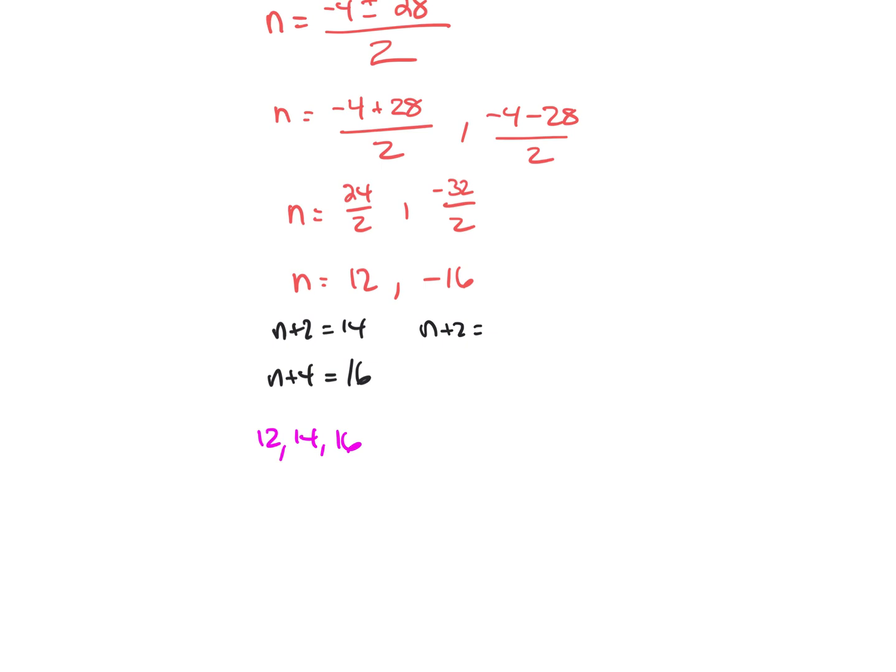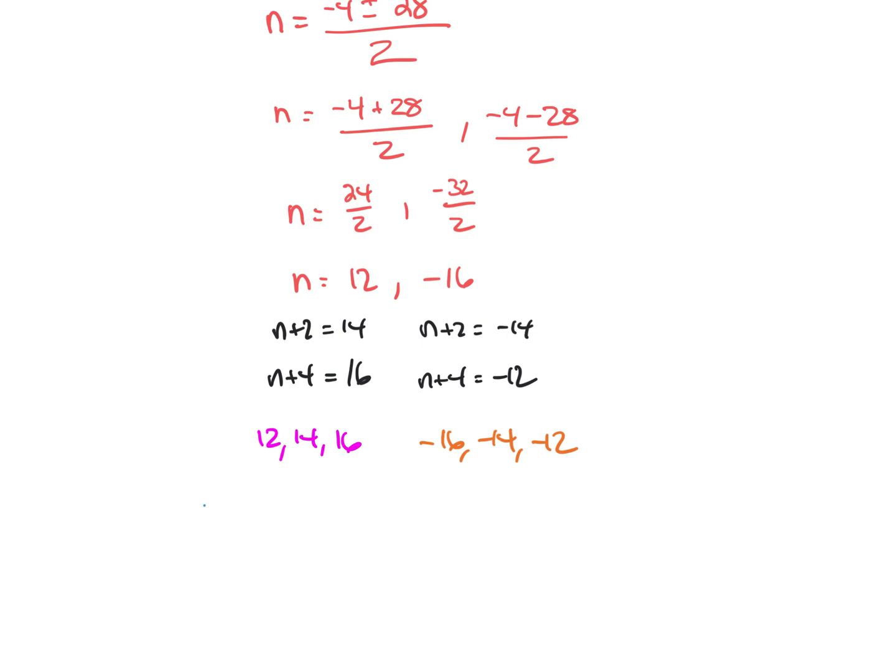If we start at negative 16, we get negative 14, and then negative 12. So in this case, both sets of numbers are the solution. Not one set of numbers, both sets of numbers.